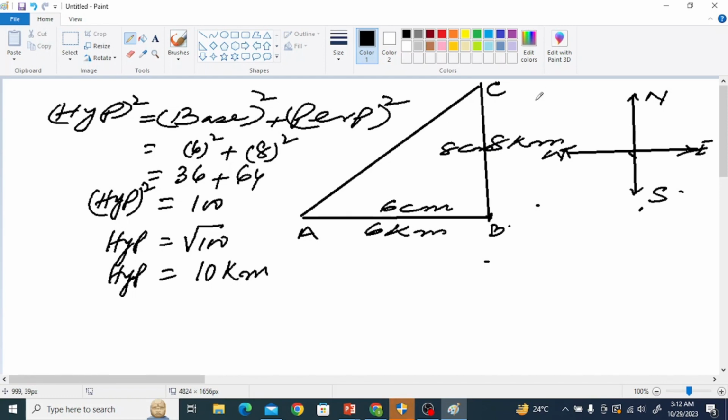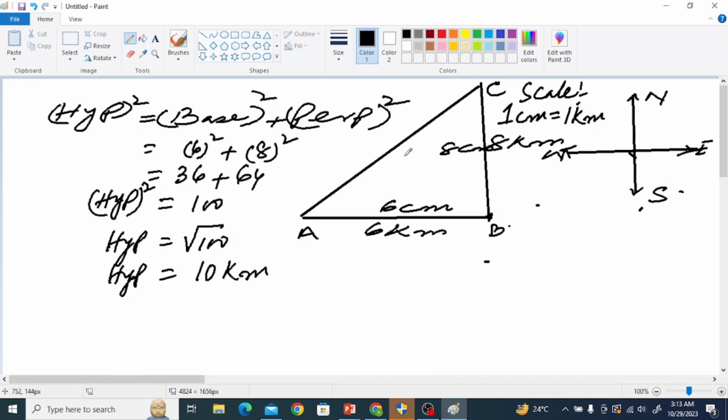As I told you, for the vector diagram we have to choose a suitable scale, and I have selected the scale here as 1 centimeter representing 1 kilometer distance.